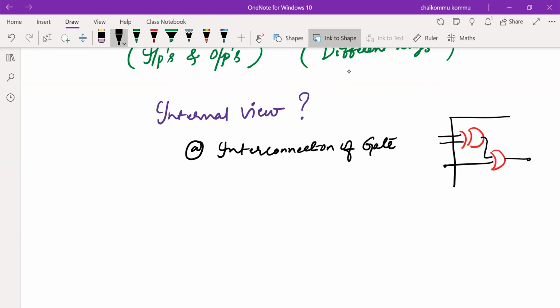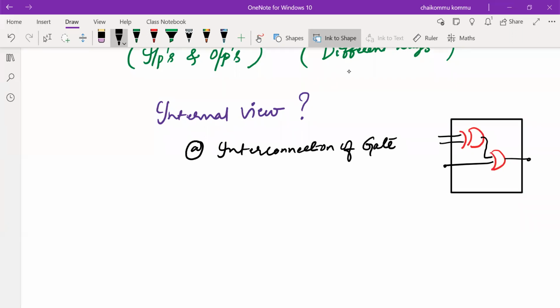By observing the internal circuitry using the gates, we can understand what the circuit is all about and what the behavior of this digital circuit is. So the internal view in the form of gates is one choice.